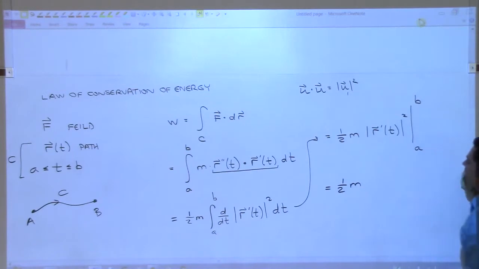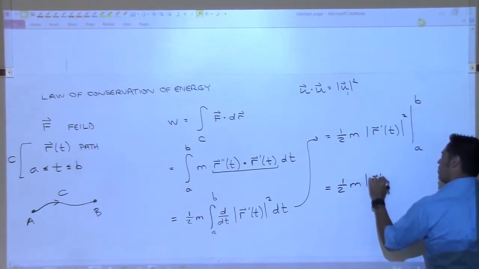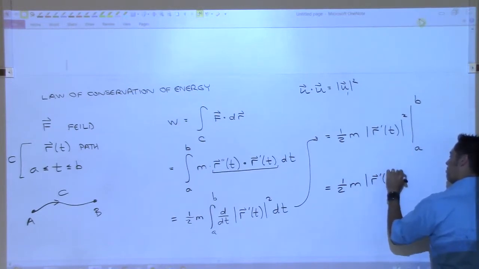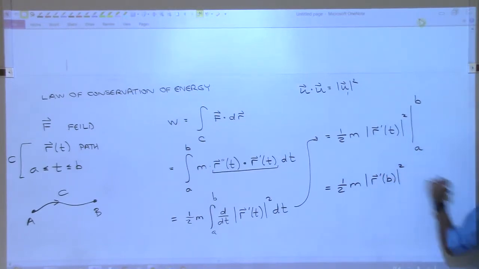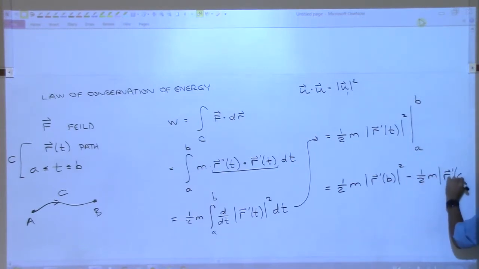Okay, so let's plug in b, and we get this, squared, and then minus 1/2 mass this at A squared, right?